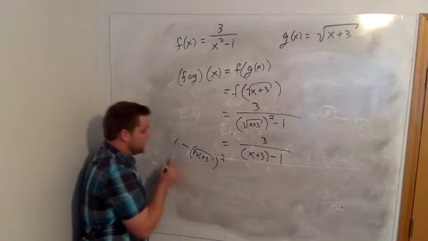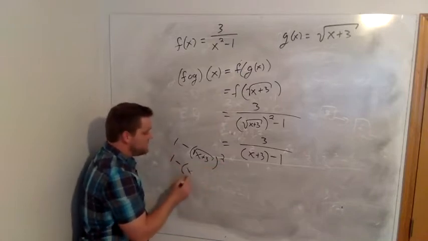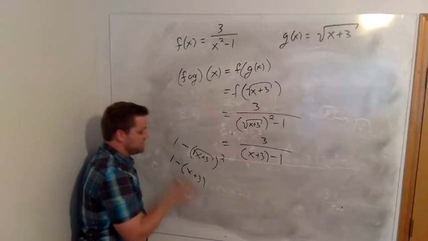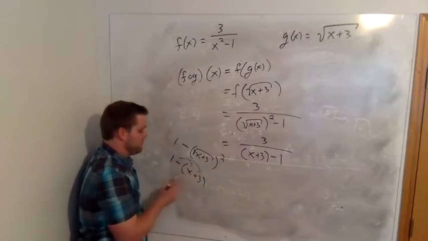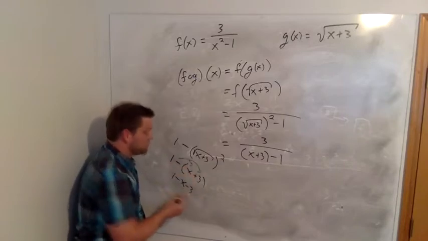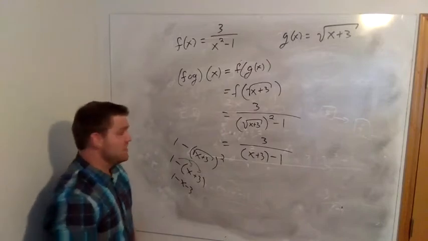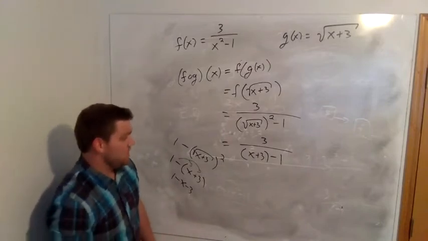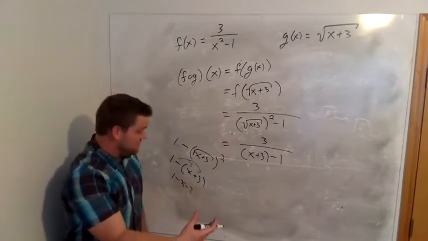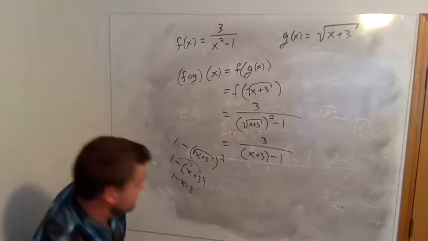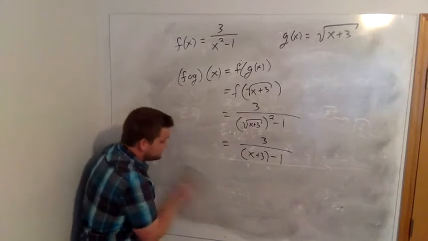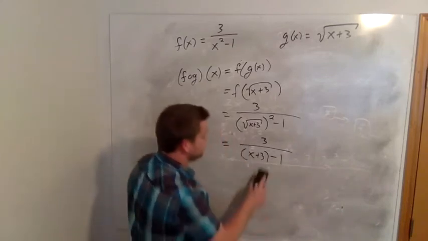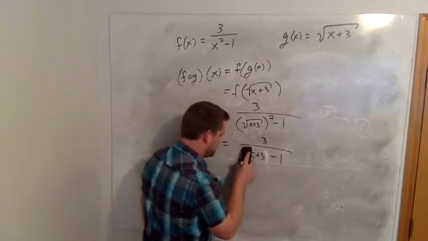The square and the square root would cancel each other out, but I would need parentheses on the x plus 3 and remember to distribute that minus sign. In general, I'm very paranoid with parentheses. I'm always introducing them, making sure, can I remove them? Do I need to distribute something into them? In this case, there's nothing to distribute, so these parentheses aren't doing anything for us.